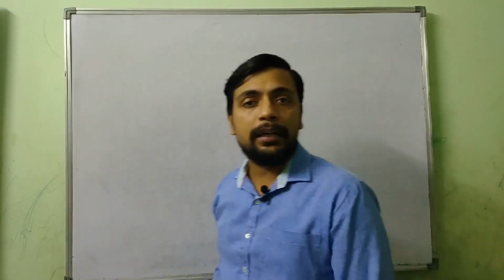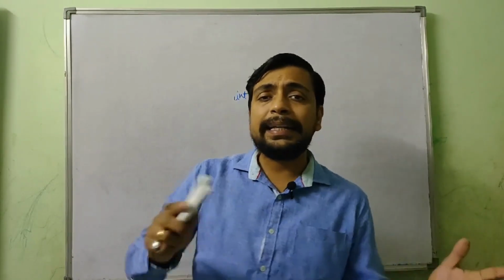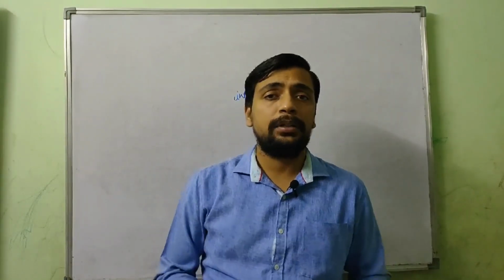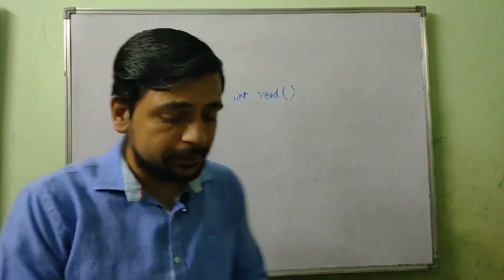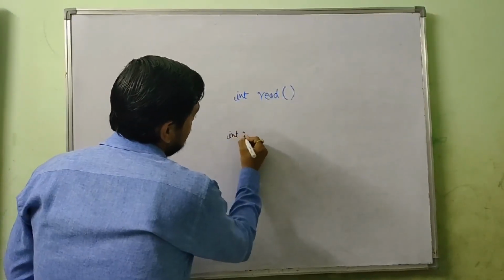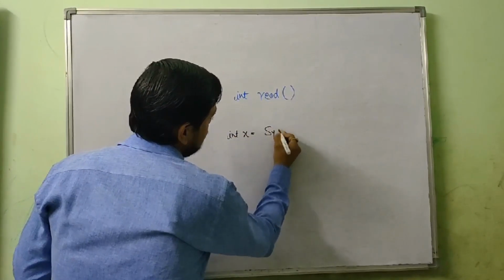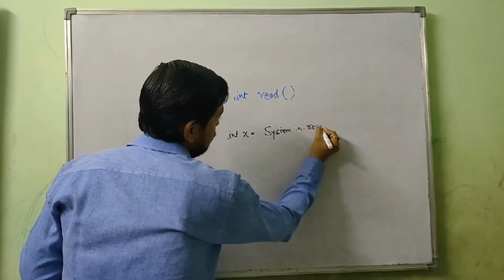Now what will it return? Actually it is used to accept a character from the user and it returns its ASCII code, or you can say Unicode. For example, if I have written it like this, int x equals system.in.read.